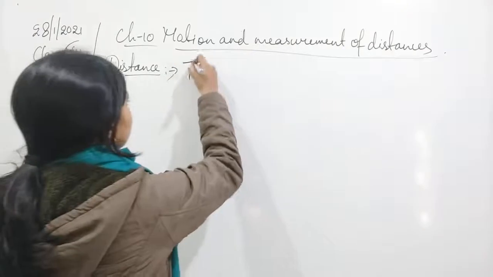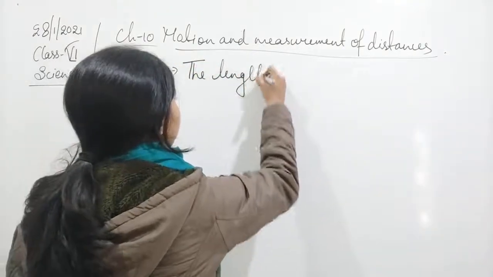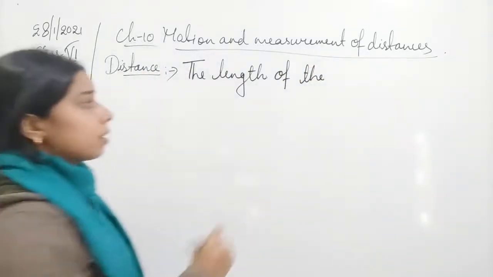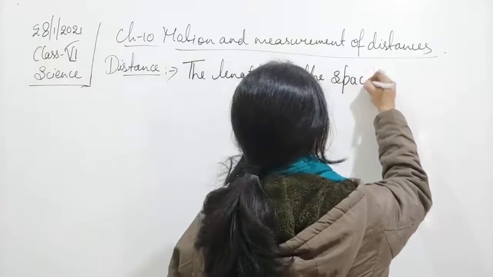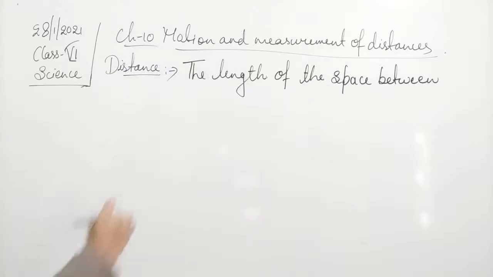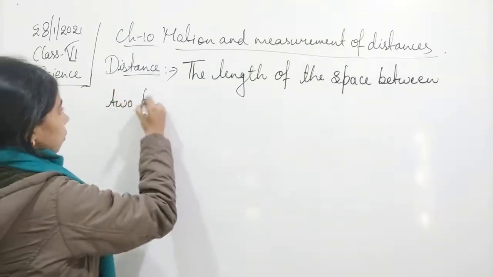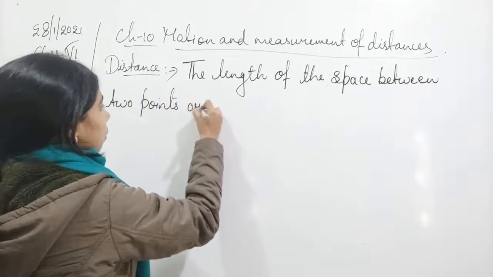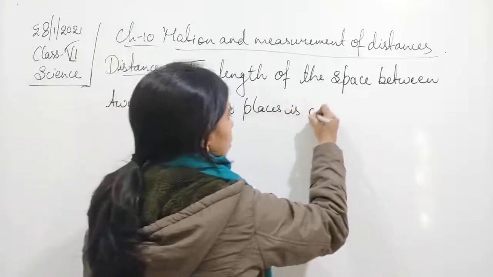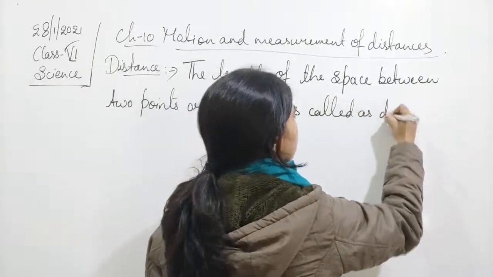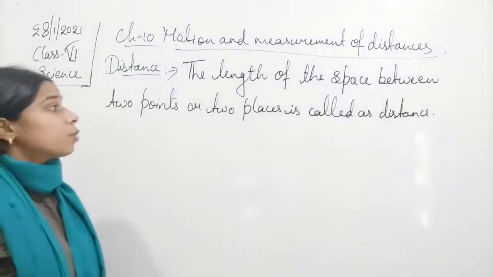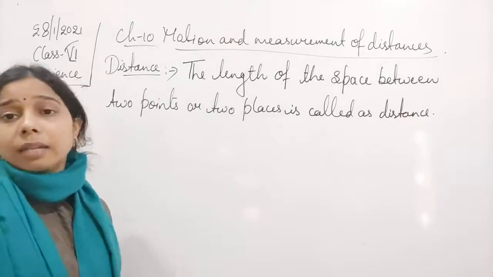So the length of the space between two points or two places is called a distance, students.